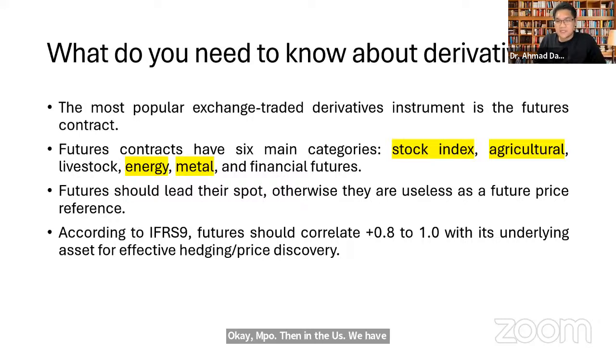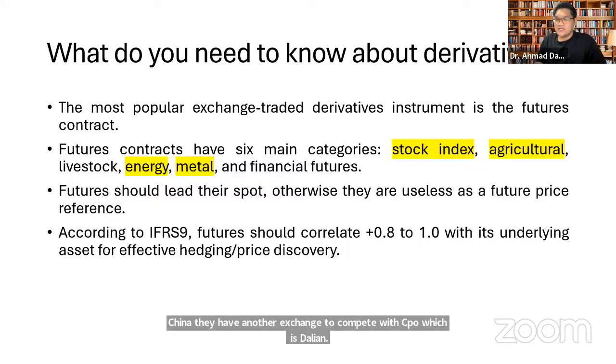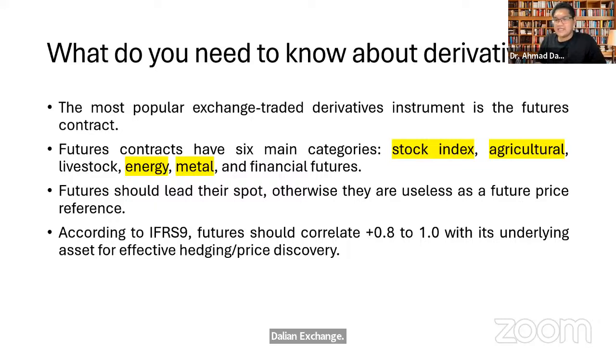You must know that CPO has a rival, which is soybean oil. Soybean oil exists not only in the US, but also in China. In China, they have another exchange to compete with FCPO, which is Dalian Exchange. So soybean oil is basically one of the agricultural futures contracts.